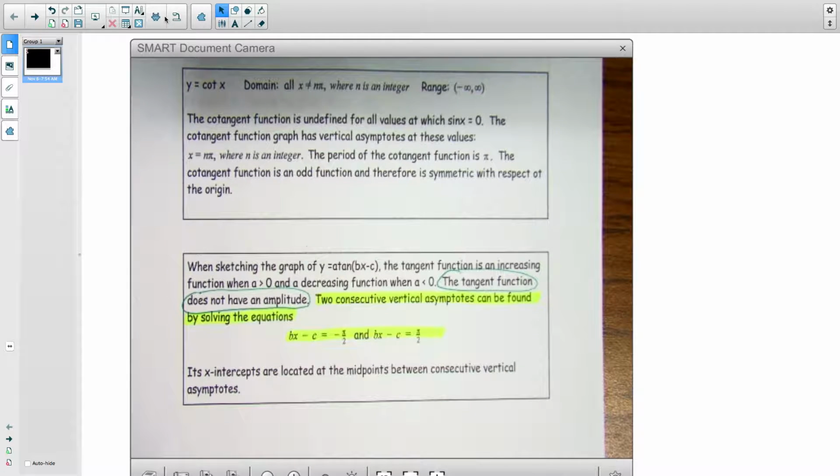No, because they go up forever. Amplitude is how tall they are. They go on forever, so they don't have amplitude. The only trig functions with amplitude are sine and cosine.